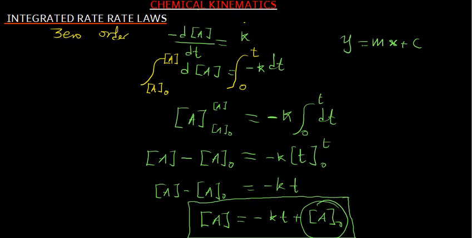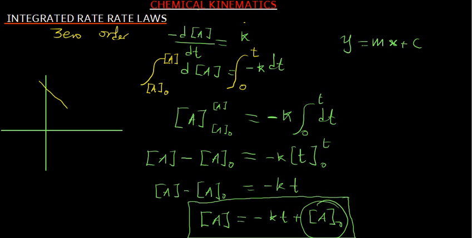And so if we are sketching such a graph for a zero order reaction, it is going to look something like this. We can see that this is negative kt. The meaning of negative here is the graph is going to be going in the opposite direction.